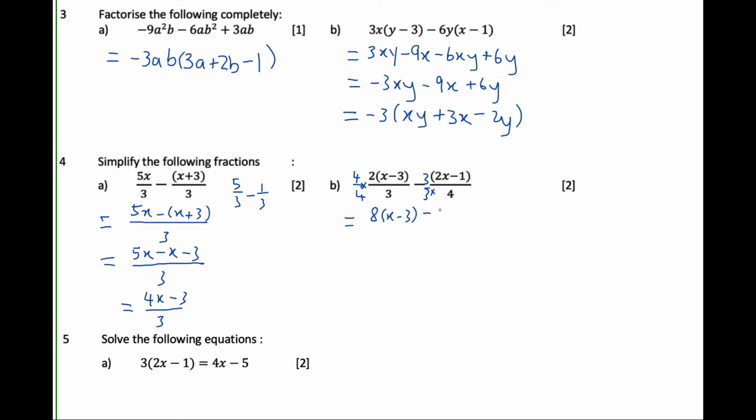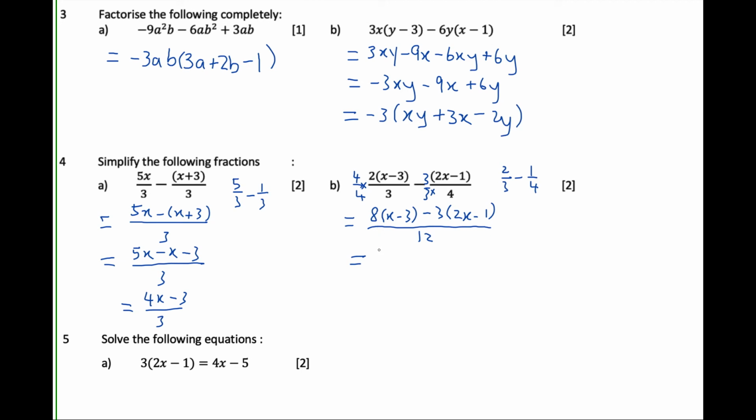And here we have 3 times 2x minus 1. So since we have a common denominator, we put them under a single denominator, which is 12. As we know from the first example, this sum is similar to a sum where we have one fraction minus another fraction. So we create a common denominator.